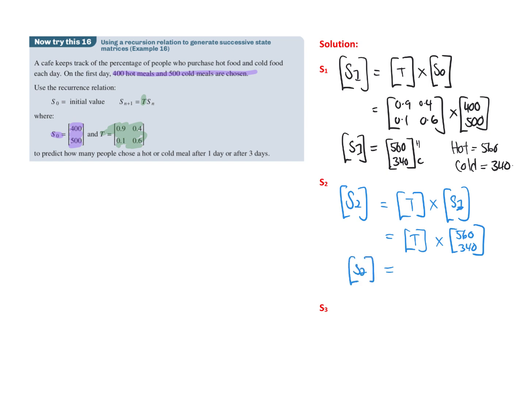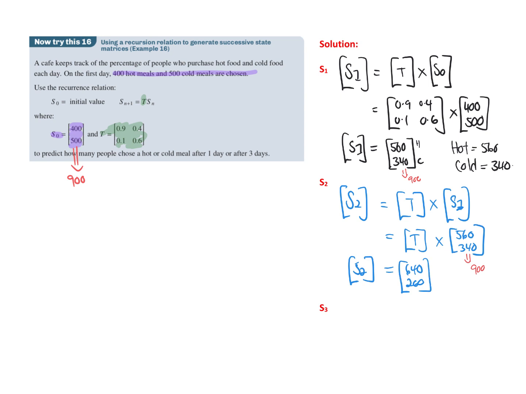In the beginning, how many did it add up to? 400 plus 500 would be 900. So just make sure you always got 900 there, and that way you'll know you're not stuffing anything up. So S2, I get 640 and 260.